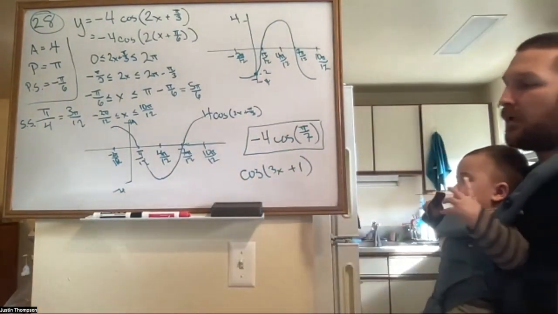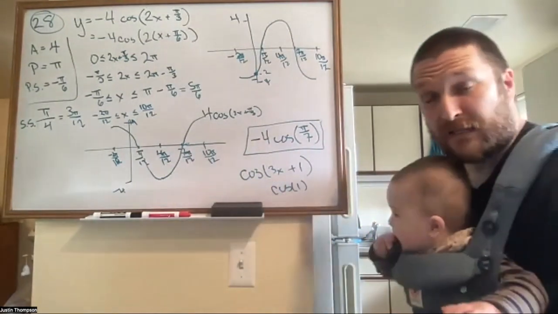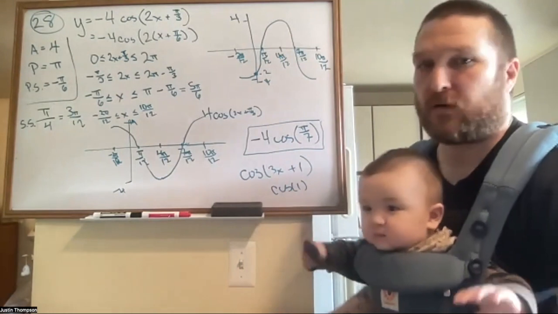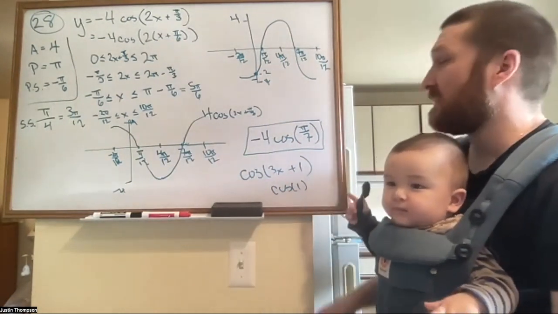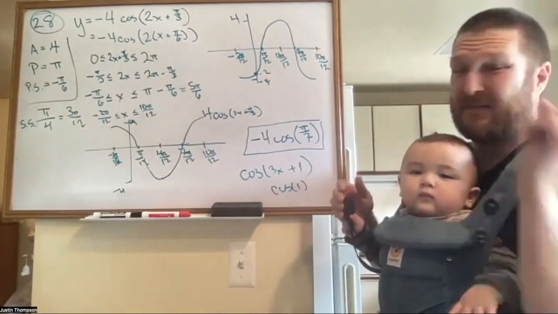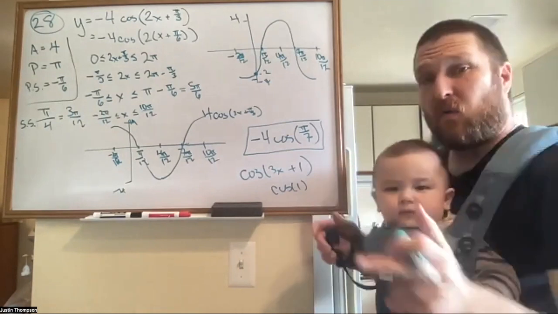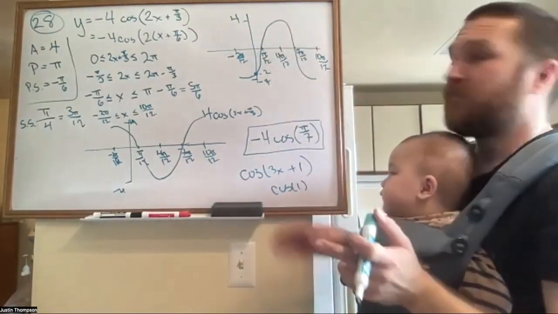At 0, you plug in a 0 and you get cosine of 1. What is cosine of 1? It's cosine of 1. That's the exact answer right there. If you can't evaluate it, like with pi over something, or going back to the triangles that we've done, or from the graph where it actually goes to 0 or 1 or -1, just write that.